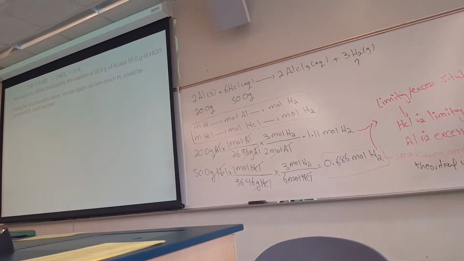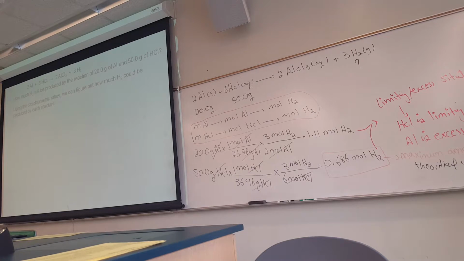After they react, what would you expect to see in your flask? Yes? A smaller amount of aluminum. Very good. So I would expect to see excess aluminum because not all the aluminum is going to react. So we would expect to see excess aluminum metal.